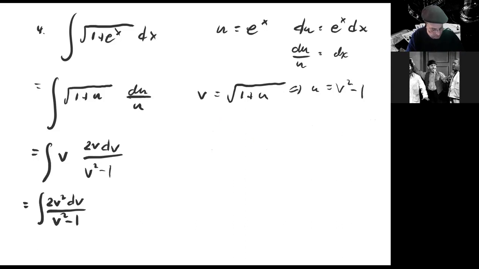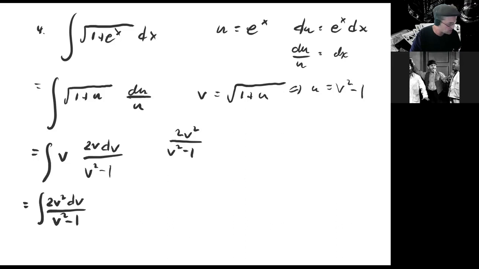Okay, so we want to consider the partial fractions. We ought to express the partial fraction of 2v squared over v squared minus 1. Now this has got to be long divided first because the numerator has the same degree as the denominator.